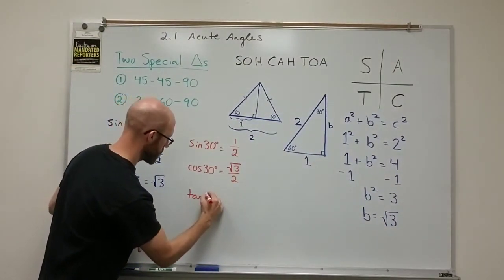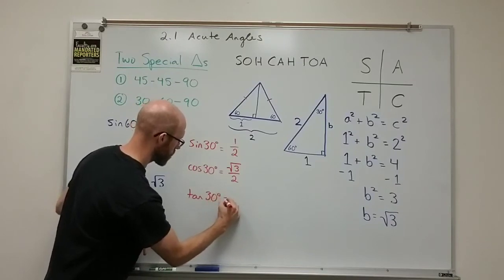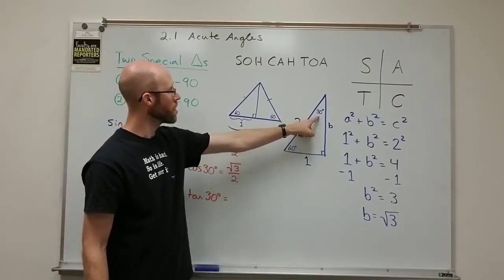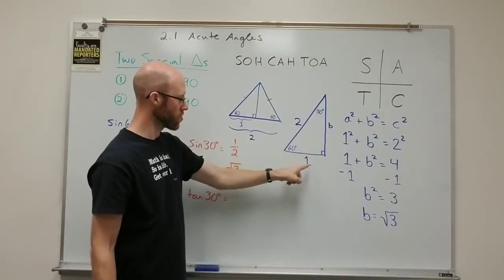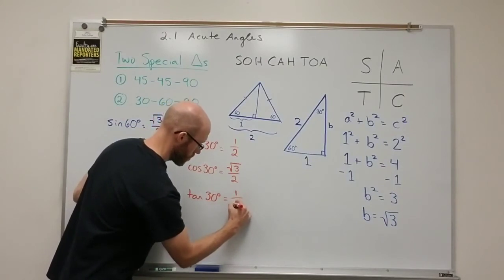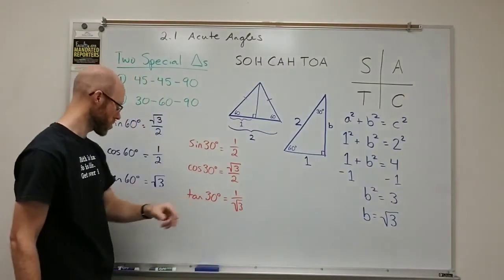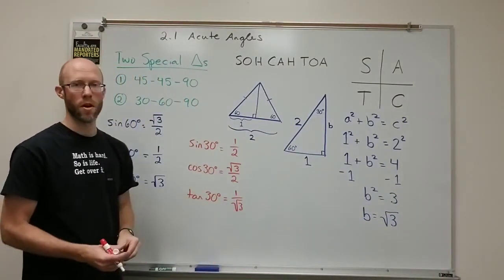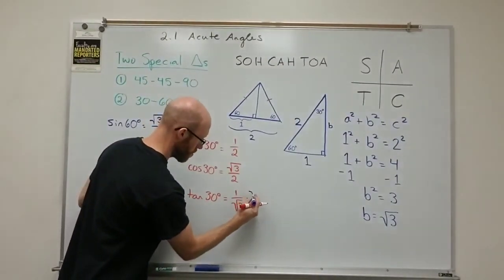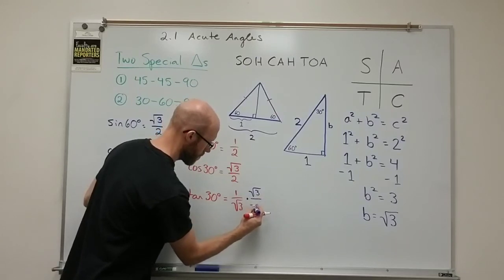And then the tangent of 30 degrees, well, the tangent of 30 should be opposite over adjacent, which is 1/√3. But of course, when you do 1/√3, you have to rationalize that denominator, so I'm going to multiply top and bottom by the square root of 3.